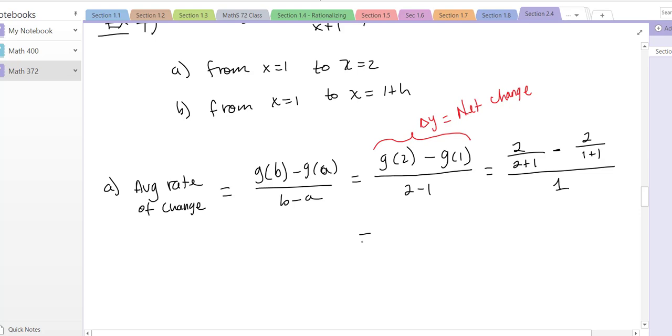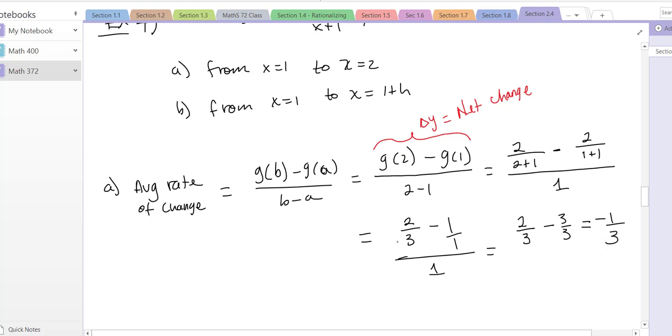When we simplify this, we get 2 over 3 minus 2 over 2, which is 1, all over 1. The nice thing about having 1 on the bottom is that I just get the numerator. Getting a common denominator here, it's 2/3 minus 1, which you can write as 1 over 1. So the common denominator is 3, so minus 3 over 3, which is negative 1/3.